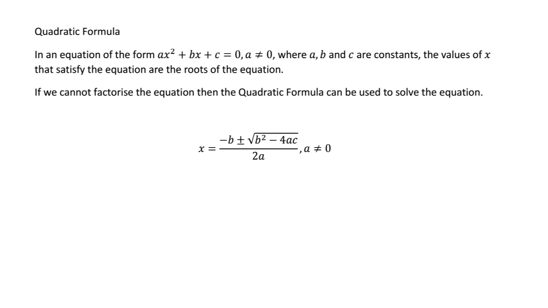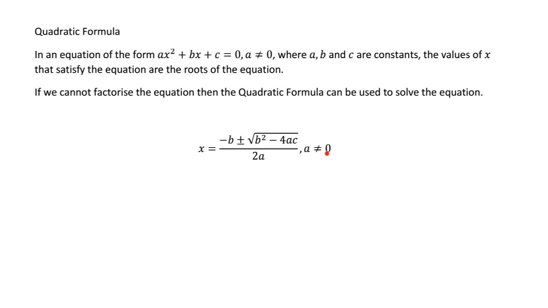So let's have a look at the quadratic equation itself. We've got x equals minus b plus or minus the square root of b squared subtract 4ac all over 2a. And again, that's when a is anything except 0.